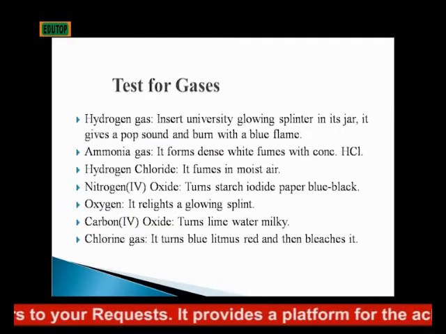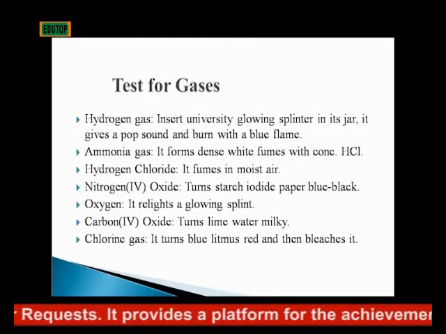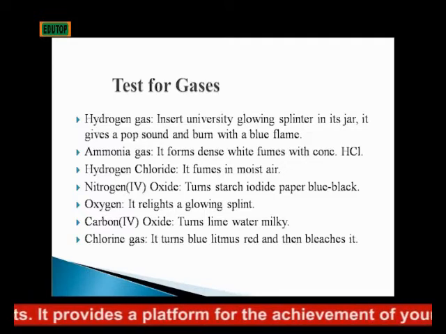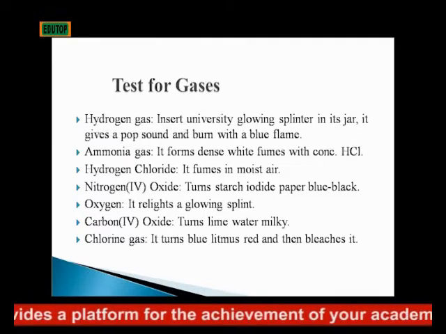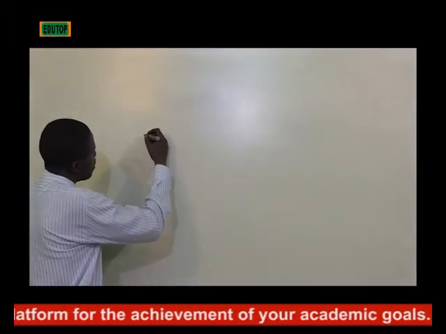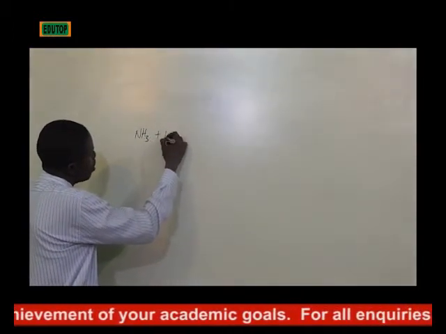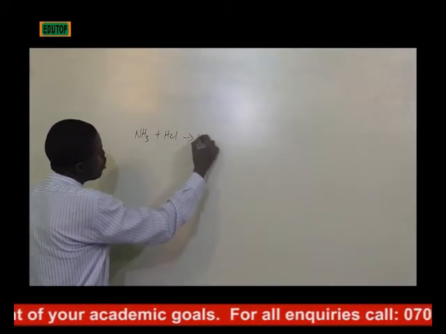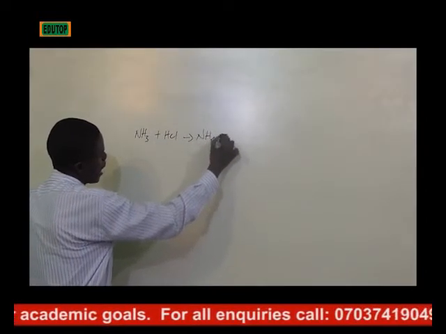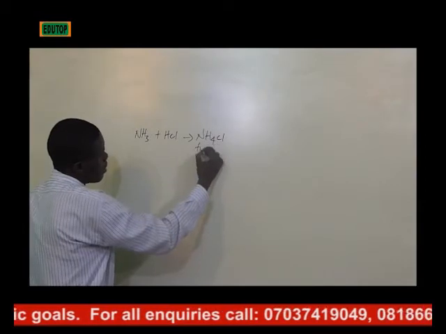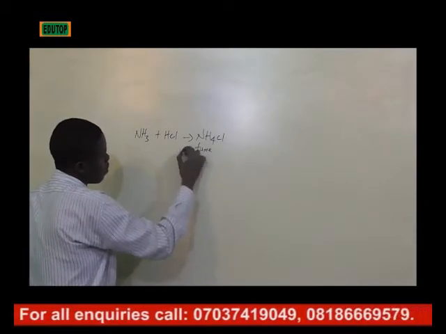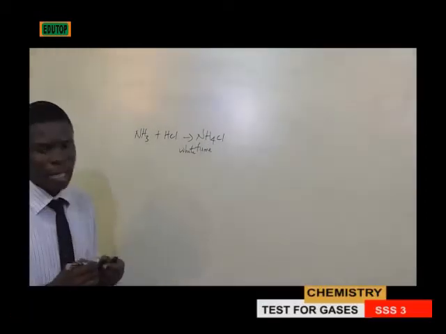Number 2, ammonia gas. It forms dense white fumes with concentrated HCl. What is responsible for that dense white fume is the formation of ammonium chloride.